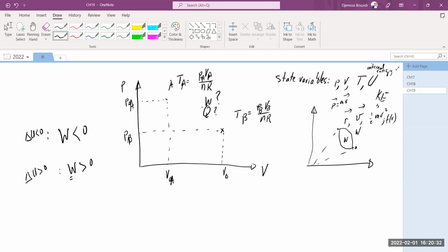How many ways can you go from A to B? As many ways as you want, really. An infinite number of ways. That's a correct answer. So there is a possibility for having an infinite number of W and Q. Does this make sense to everybody else also?